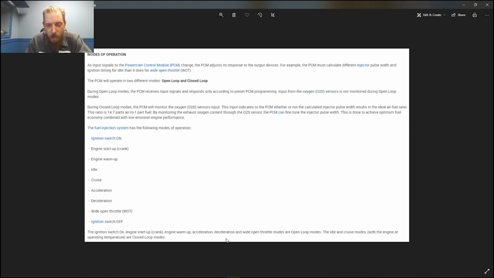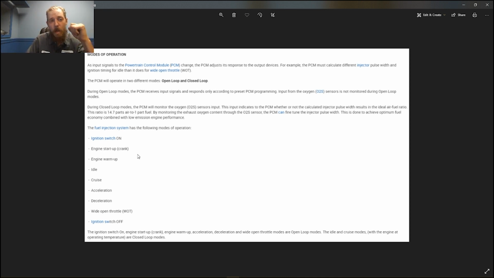Engine warm up, acceleration, deceleration, and wide open throttle are all open loop. Idle and cruise modes with engine at operating temp are closed loop modes. So, out of all of this, we know that the fuel injection system uses different strategies based off of what particular mode of operation we're in. Not really giving us a whole lot of information here.